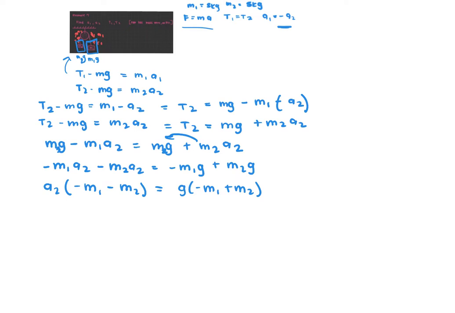So basically we want to leave a2 by itself, which means we divide by negative m1 minus m2.